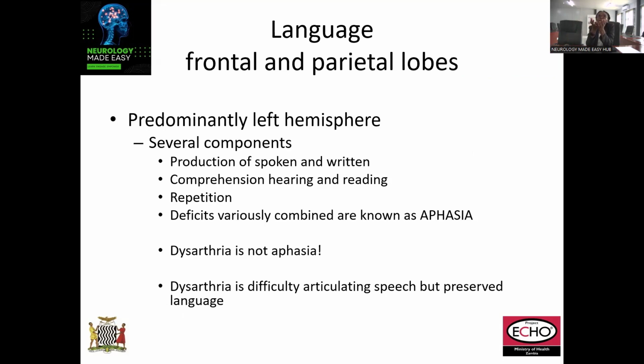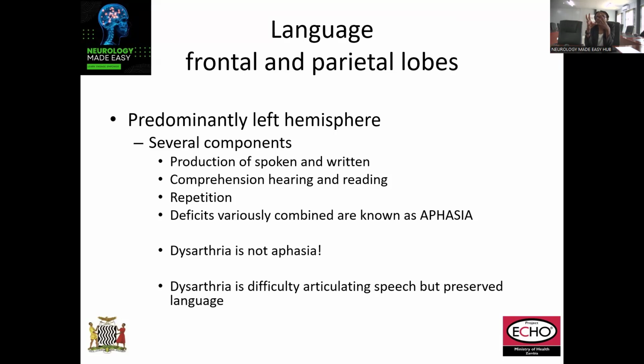And then we come to language assessment. These are controlled within the frontal and the parietal lobes. So if you're going to find impairment in the language centers, you know which region of the brain is impaired. Usually that is predominantly the left hemisphere, both in people who are right-handed and in those who are left-handed. So it's got several components: production of speech, written, can they understand, can they read, can they repeat?